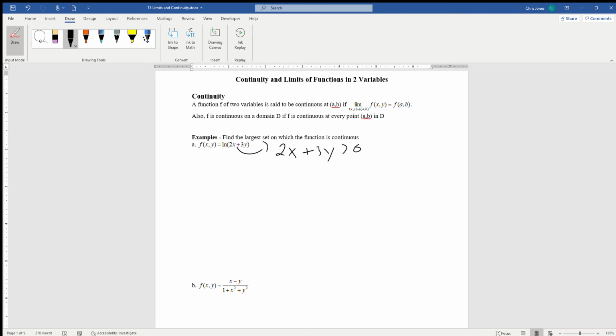And so the largest set for which the function is continuous is going to be all (x, y) such that 2x + 3y is greater than 0. Of course, if we graphed it, we could see very easily that this is indeed the case.